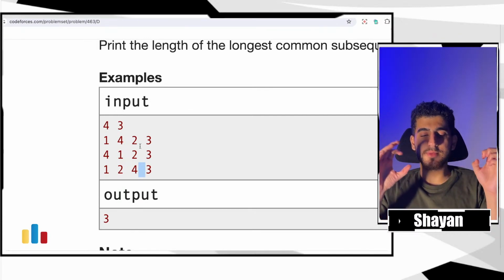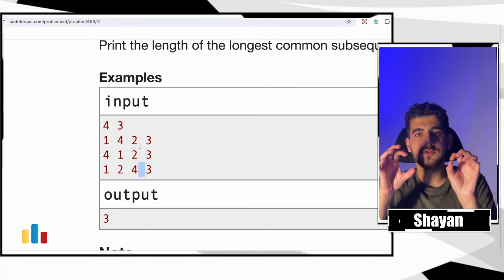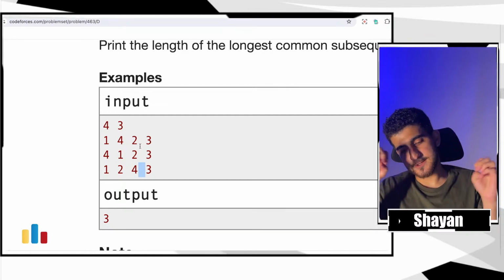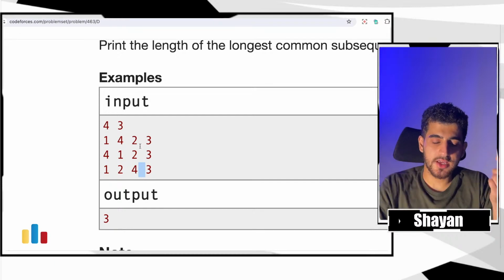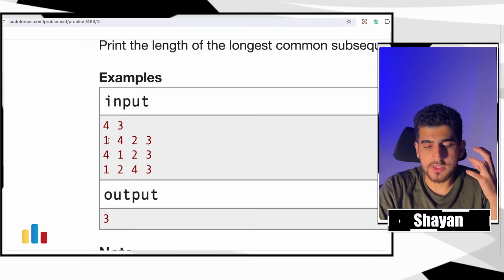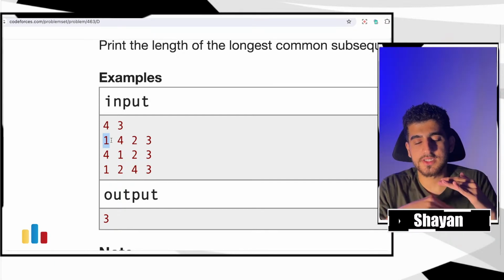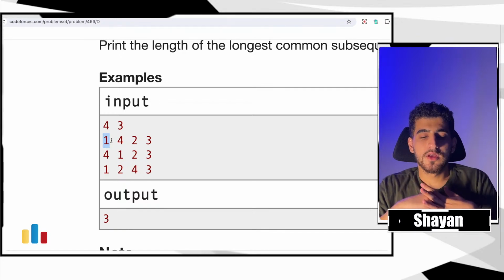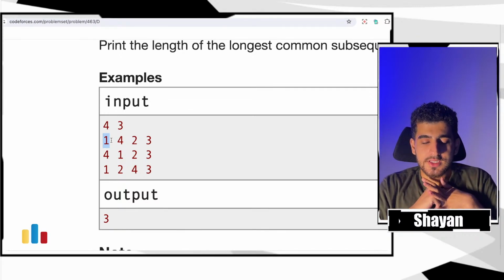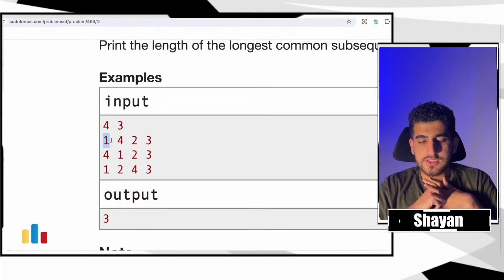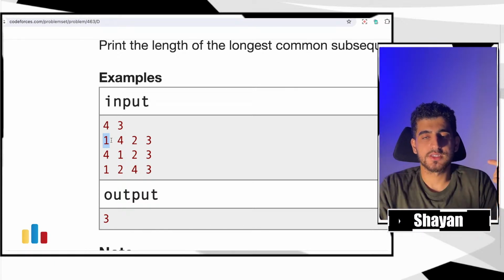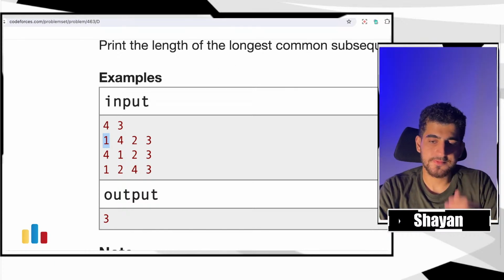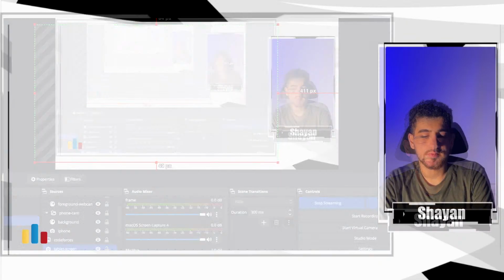So these are the common subsequences, the sequences that have occurred as a subsequence in all of these sequences. So this question asks you to say what is the longest common subsequence in all of these permutations. Is the statement clear on this one?